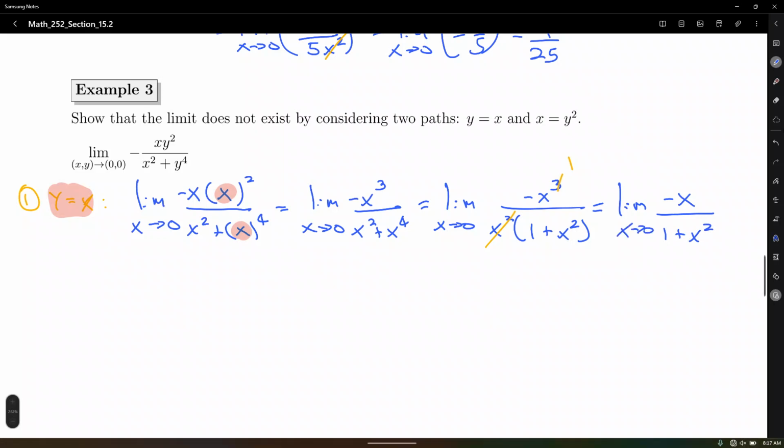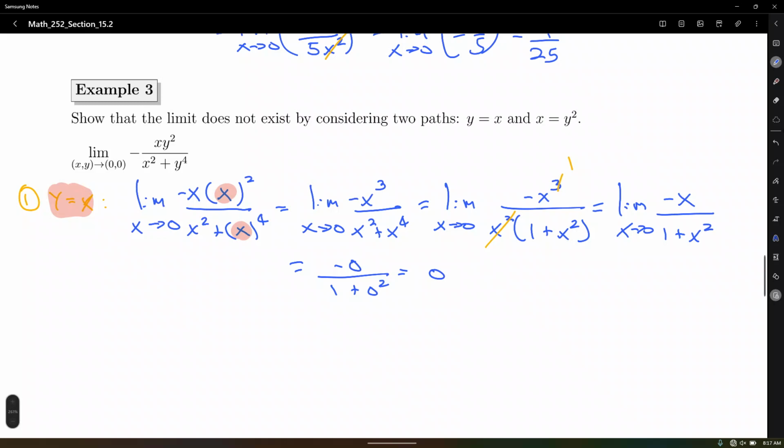And we're good to go and evaluate this limit because that's going to leave us with negative 0 over 1 plus 0 squared, and that's simply 0. So that's the limit going in the direction of y equals x.